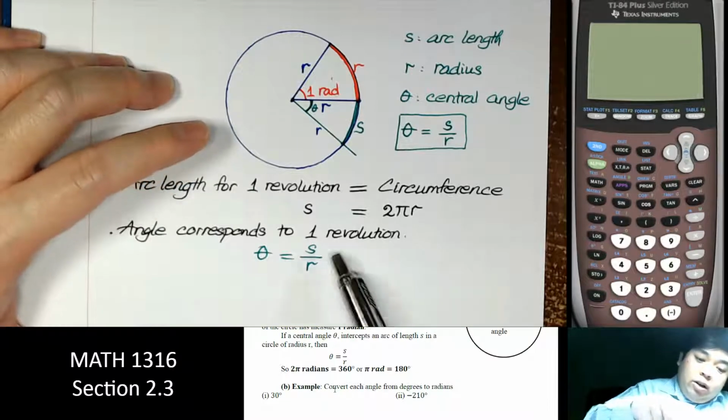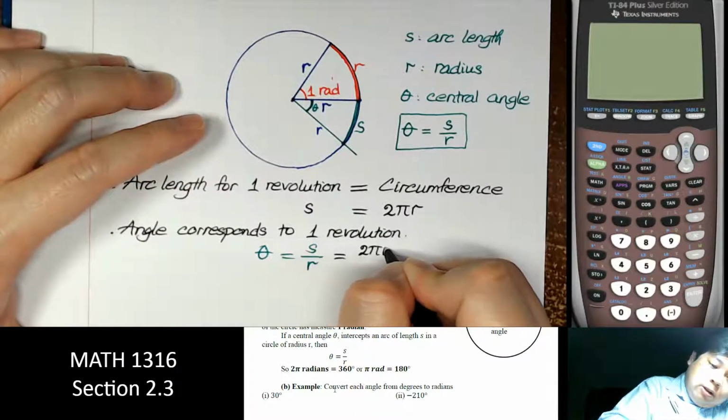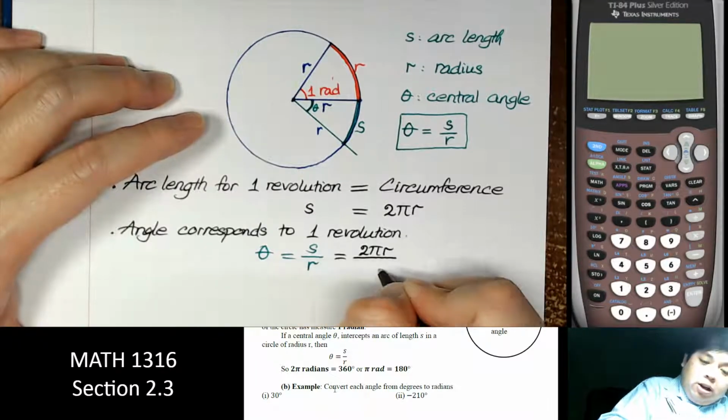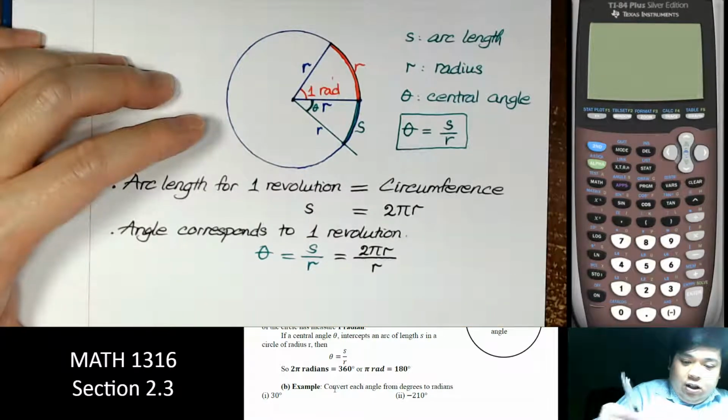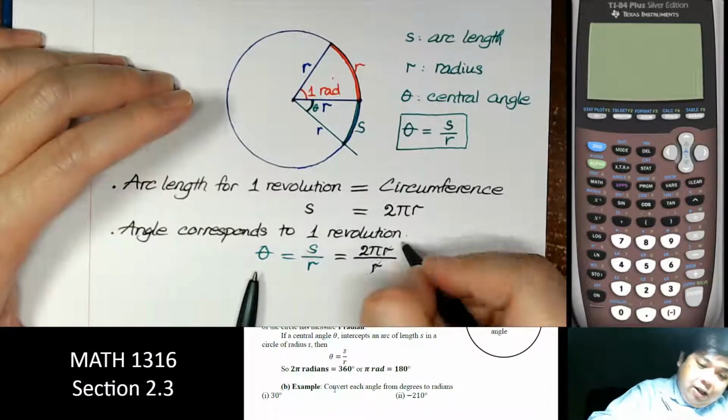Now we know the arc length is 2 pi r. The radius is also r. That cancels out, equal to 2 pi.